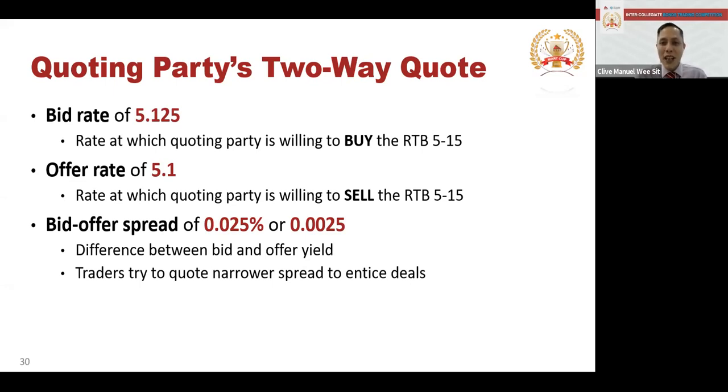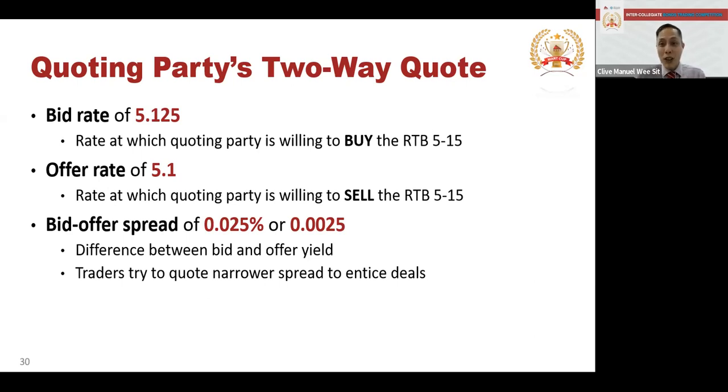Now, because I showed a two-way price, meaning I showed both a bid as well as an offer, you can compute the potential gain, assuming I can deal at these two levels for that particular volume. So assuming that I'm able to buy at 5.125%, 50 million for the RTB 5-15, and I'm also able to sell the RTB 5-15 at 5.1%, 50 million volume simultaneously, for example.